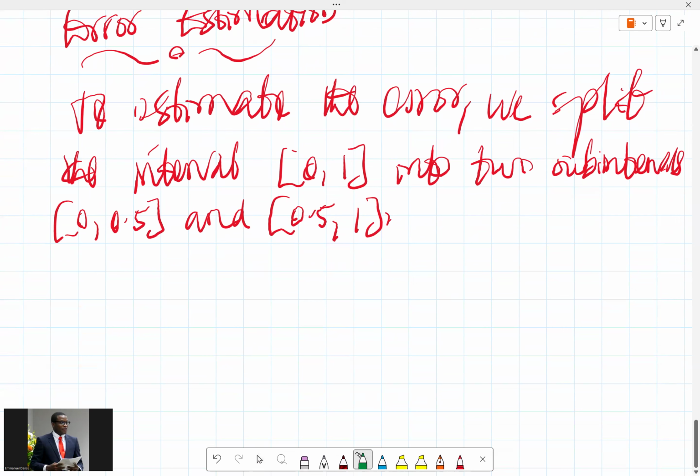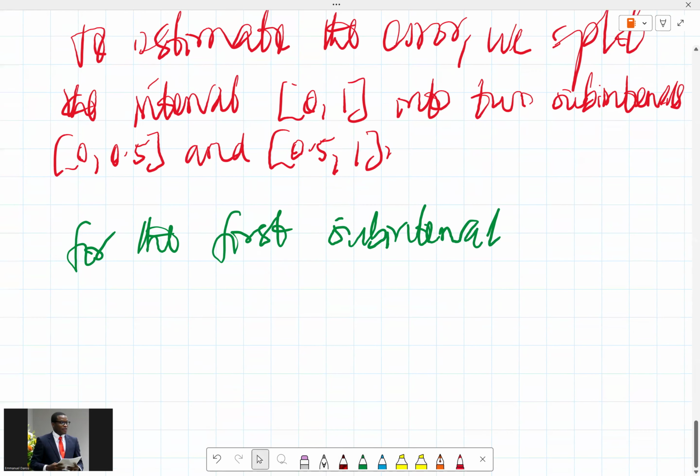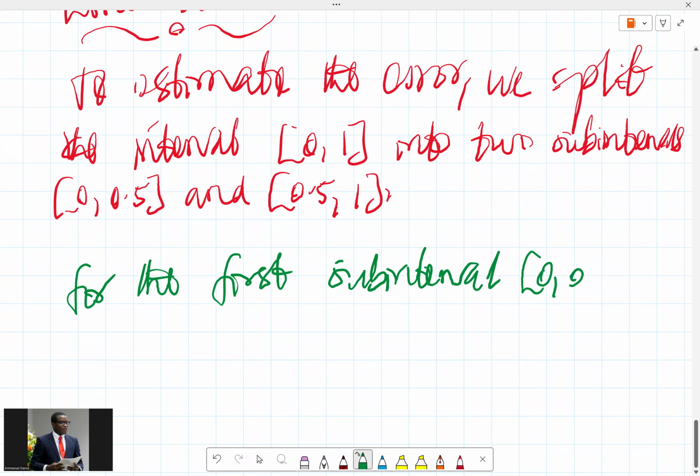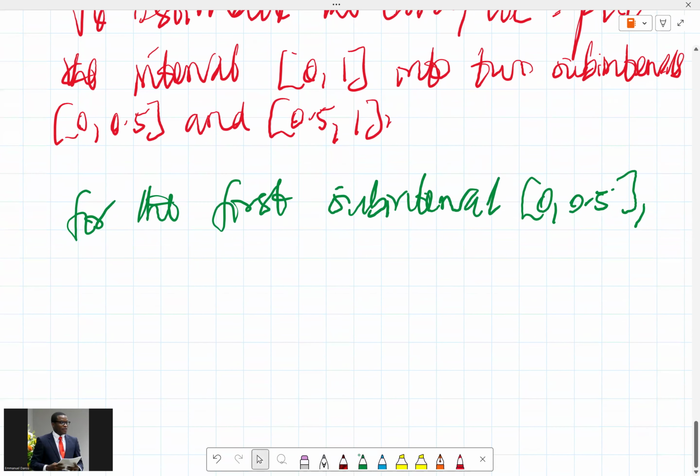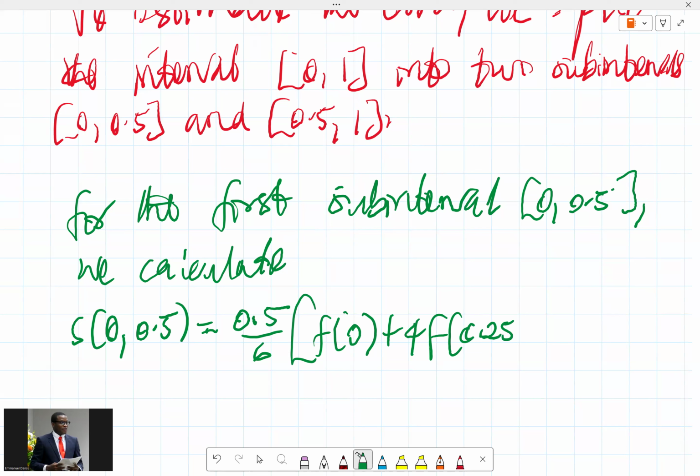So for the first subinterval, which is 0 to 0.5, we calculate S of 0, 0.5 equals, because that's 0.5 minus 0, that's 0.5 divided by 6 into f of 0 plus 4 f of 0.25, that's 0 plus 0.5 divided by 2, plus f of 0.5, like this.